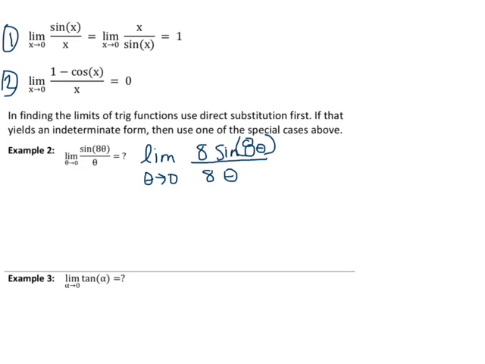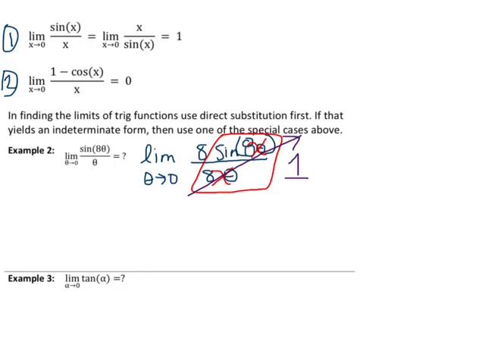Well, I want you to make note of something right now. If we were to cross this out, and instead of saying 8 theta, call this x, and in the denominator, call that 8 theta x, well, notice what happens here. We basically have sine of x over x. And we know from this special case that the limit as theta approaches 0 of the sine of x over x simply equals 1. So I'm going to state that this right here is just 1.